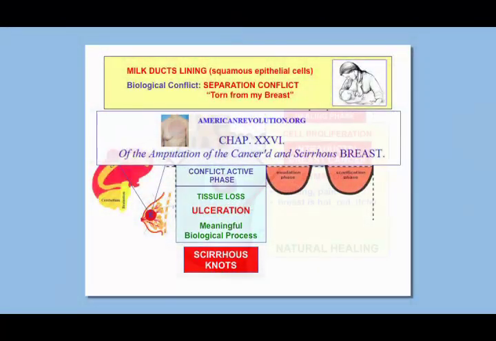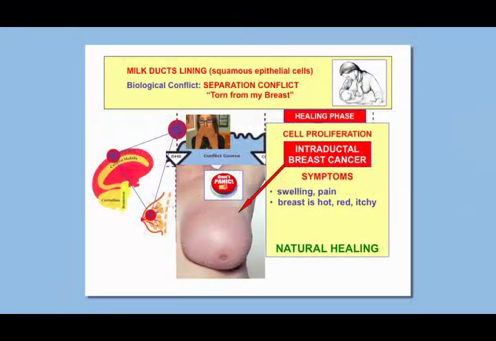And this is even more disturbing when we see what happens in the healing phase, when we allow the breast to heal. Well, when the separation conflict is resolved, the ulceration process stops.